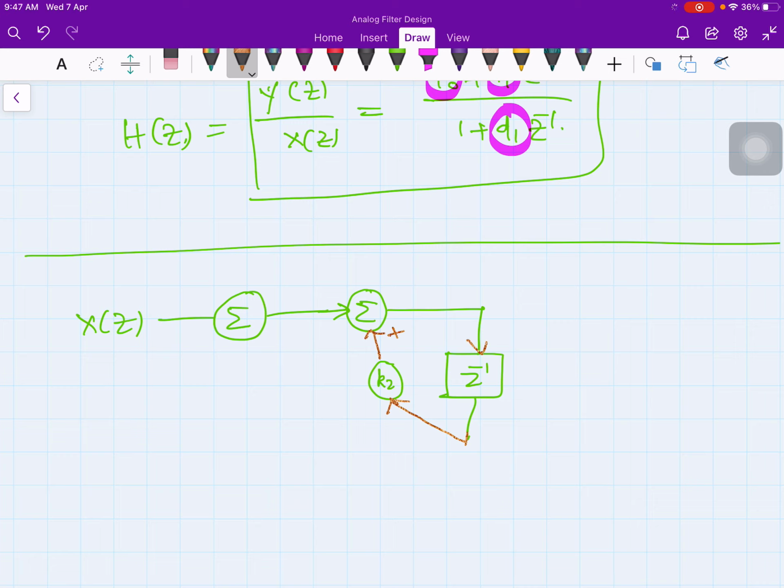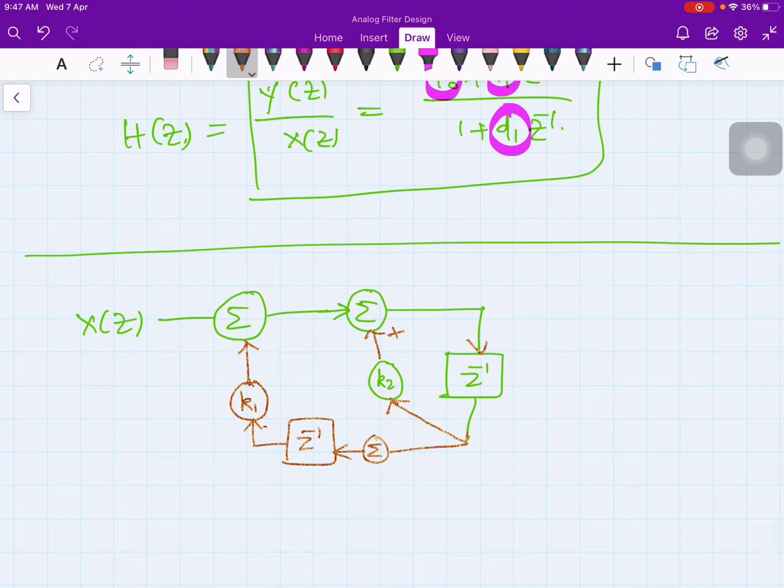The other signal comes from the multiplier k1, and it goes here, and there is a z inverse here, and let me put one more summer, and the structure is a little complicated like this.